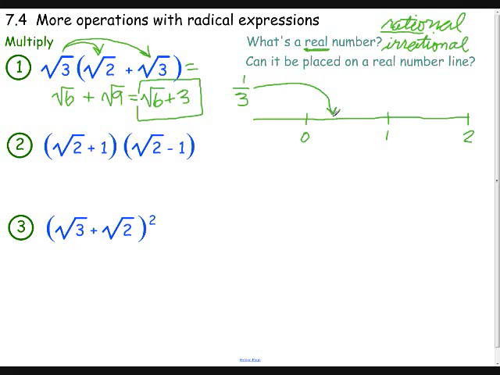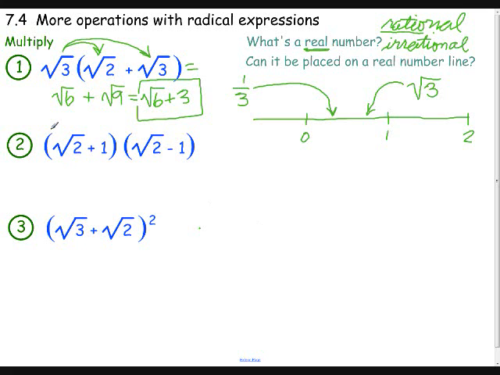Is that about 1/3 of the way? Suppose I had the square root of 3. Now you could try that on your calculator if you don't already know what the square root of 3 is in decimal. I would need to use the decimal approximation in order to be able to place it properly. It would go somewhere in here. So any real number, whether it's rational or irrational, can be placed on a number line. We'll get back to that in a bit.